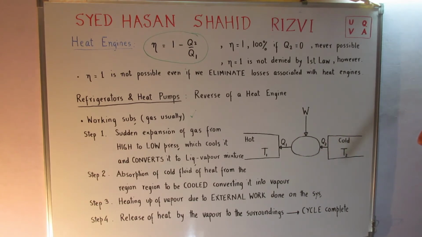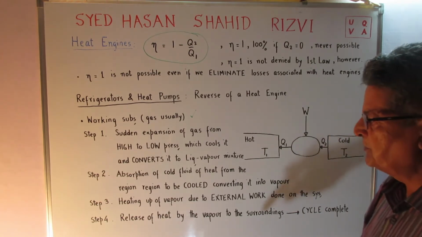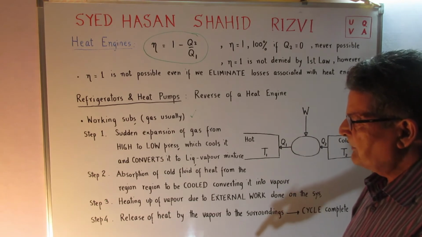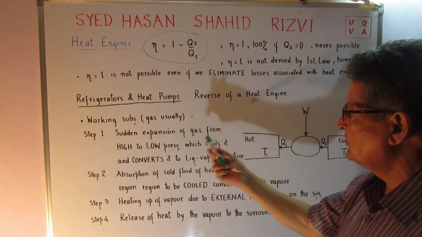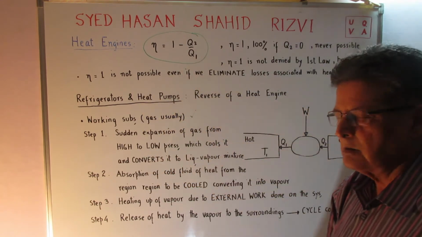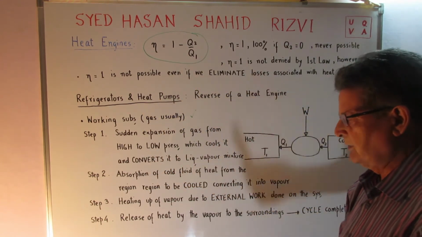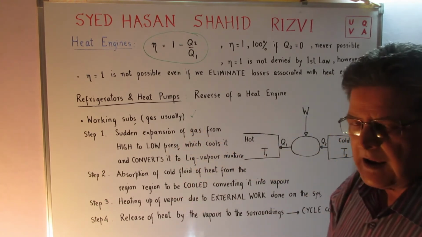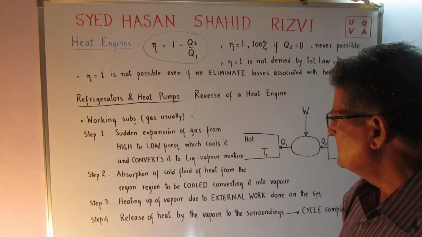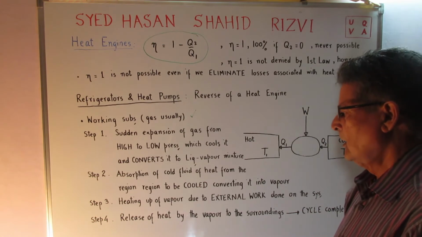There are 4 simple steps. Step number 1 is sudden expansion of gas from high to low pressure, which cools it and converts it to a liquid vapor mixture.